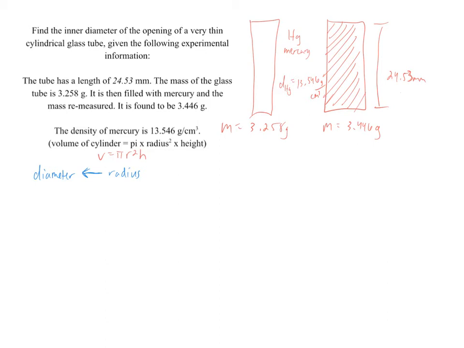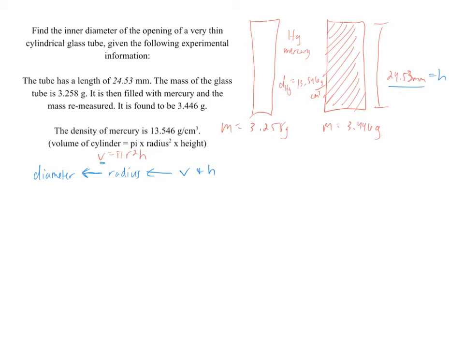The radius is found in this volume equation, so we need to find the volume along with the height. So we use volume and the height to find the radius. Well, the height's given, so check. We've got the height, but we don't have the volume.